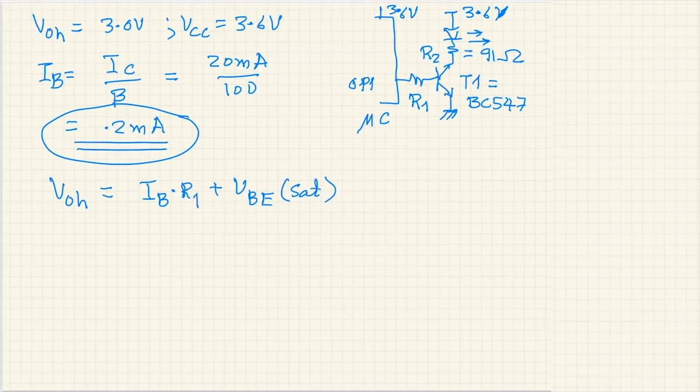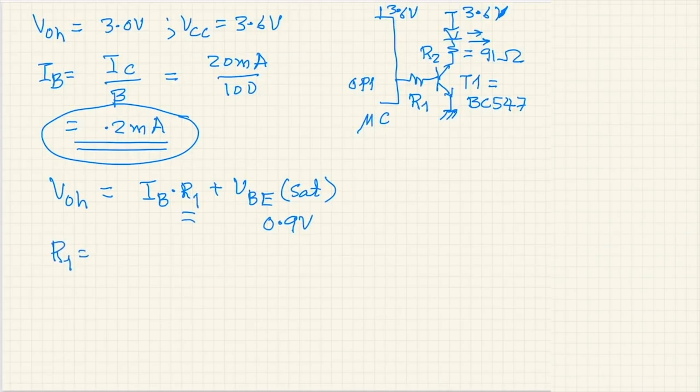Typically the turn on voltage for an NPN transistor, the base emitter voltage, is 0.6 or 0.7 volts, but when you drive the transistor in saturation, this voltage is slightly higher. You can refer to the data sheet, and it will tell you that the base emitter saturation voltage is say 0.9 volts. So we have to find out the value of R1.